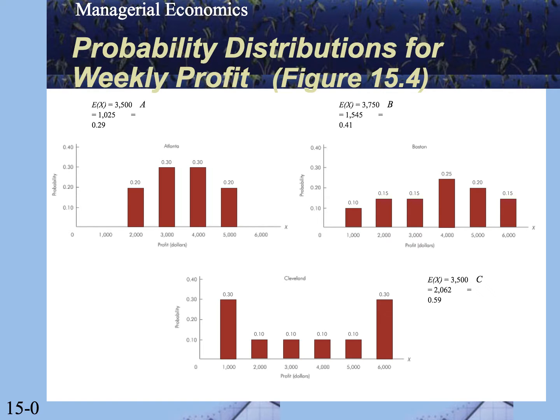We can see two locations that have the same expected value, but we have to also look at the standard deviation, and the most favorable expected value is the location of Atlanta, because it has a smaller standard deviation.